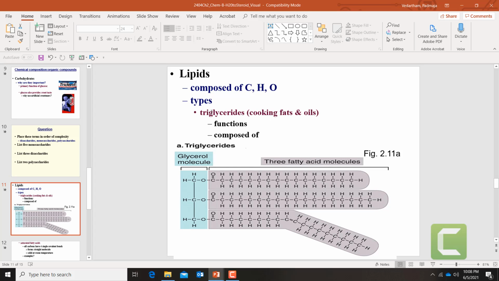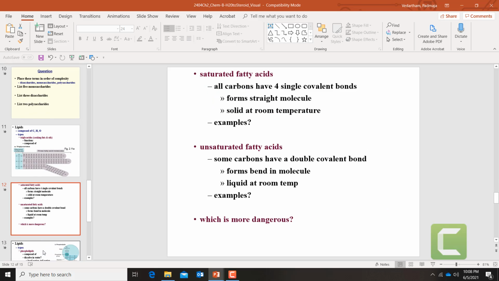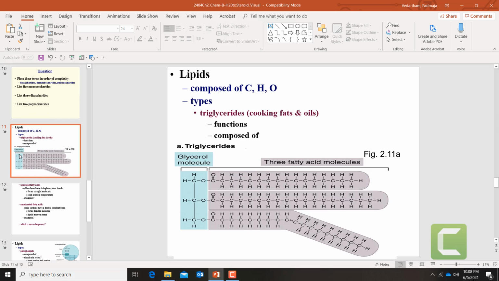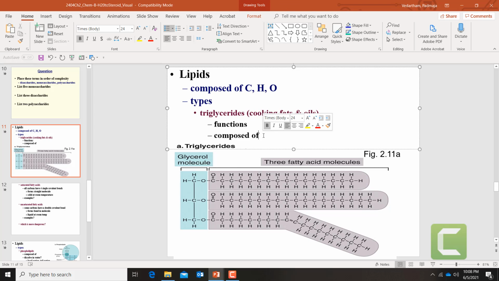So triglycerides are made up of one glycerol plus 3 fatty acids.